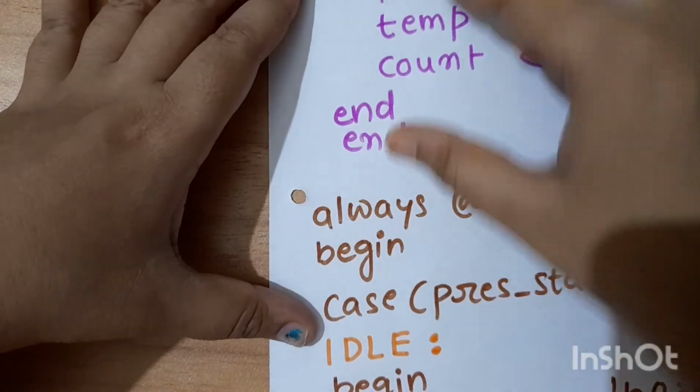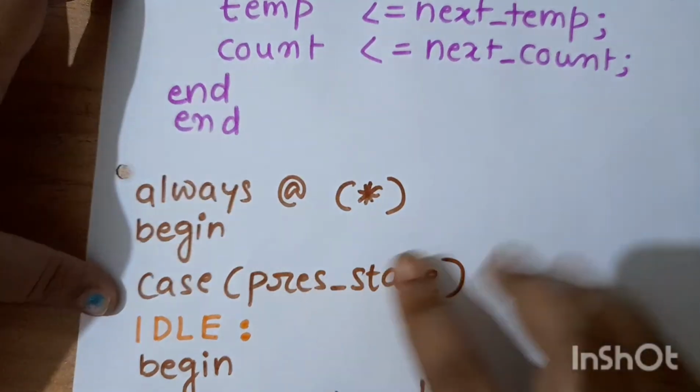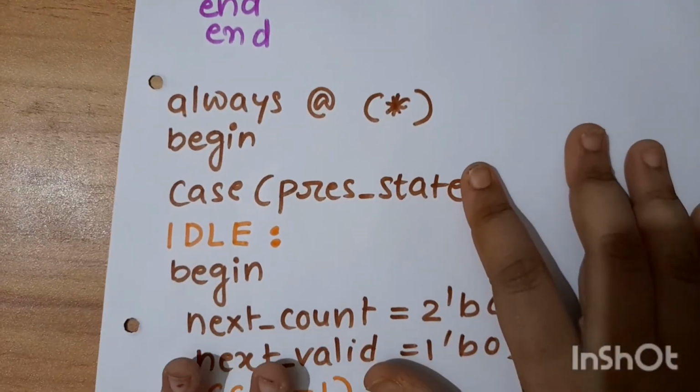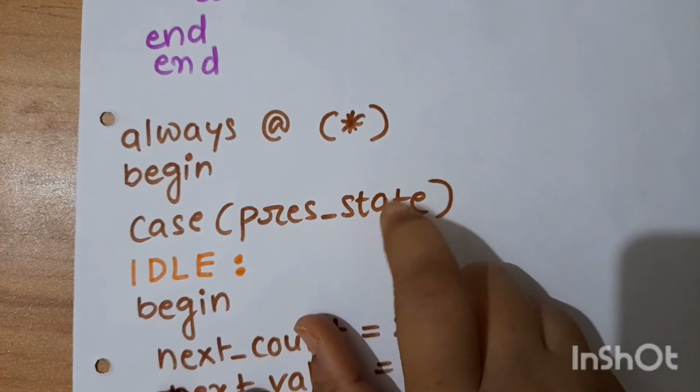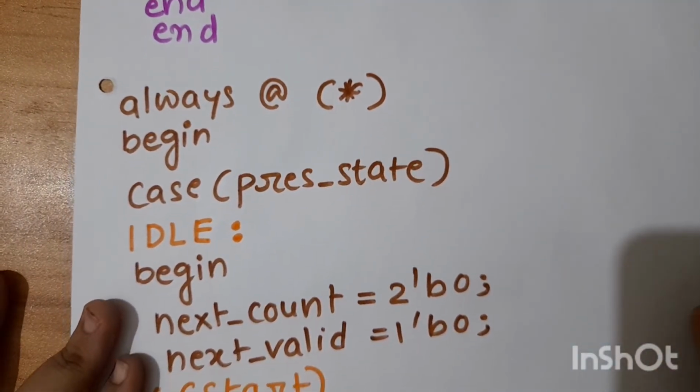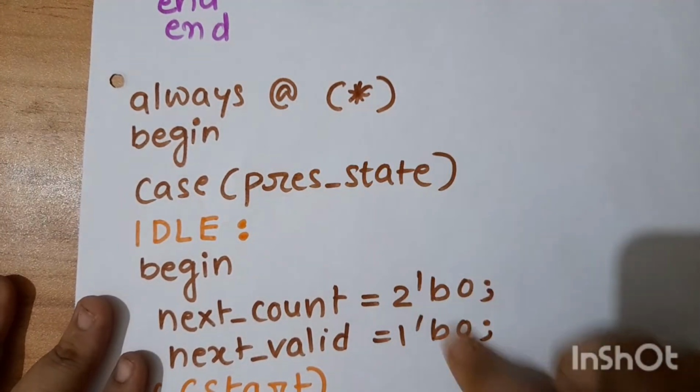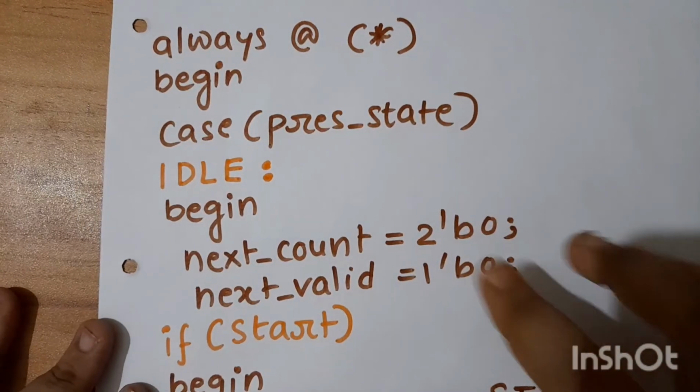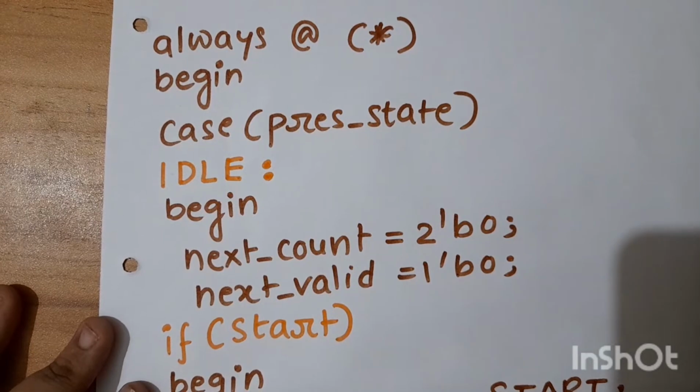So after that we will enter another always block. Okay, always @(*). Star means any of the values which are used on the right hand side in this block of code, whenever they change, this particular begin and end block will be entered.